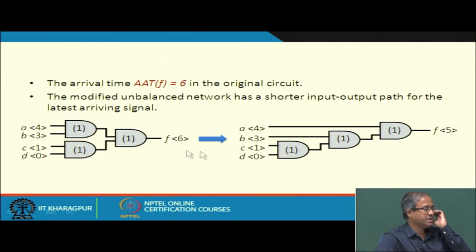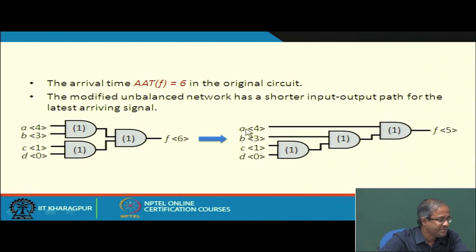But suppose I do it like this. Now, apparently a logic designer will say that, well, this is a bad design. Here I have 2 levels, that means the delay was 2, here is a 3 level, so the delay should be 3. But okay, delay may be 3 in the static case, but if you look at the arrival times, this realization is better with respect to timing. Why?